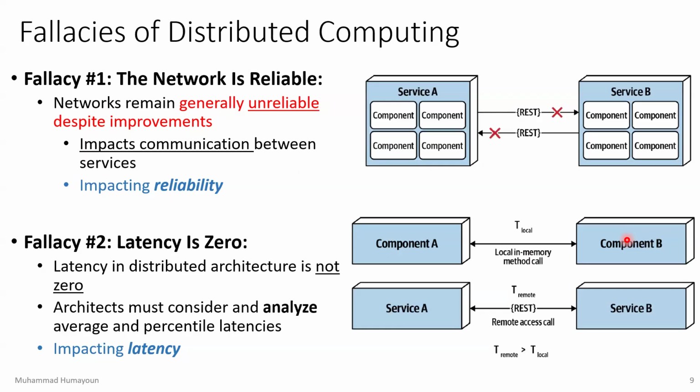However, now consider a service A and service B, and you put these services on two machines connected through a network. And now you make RESTful calls or remote access calls between them in any form.